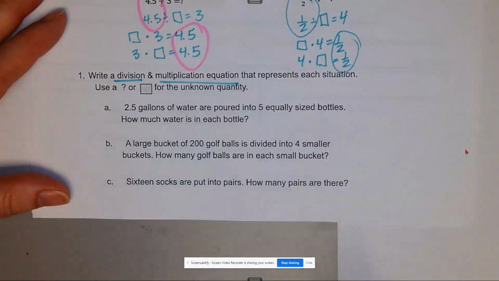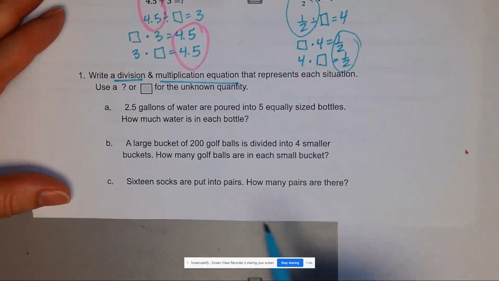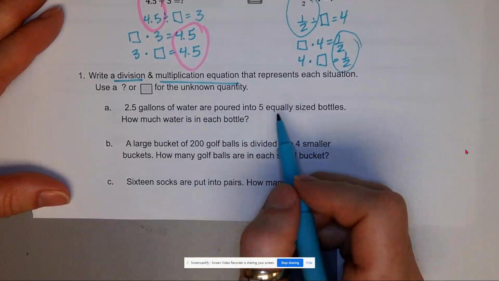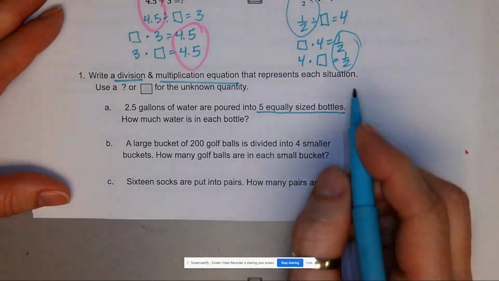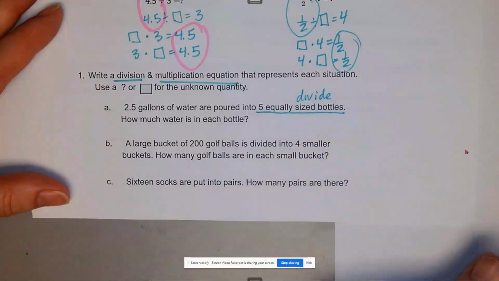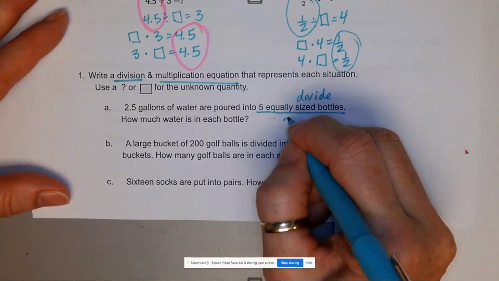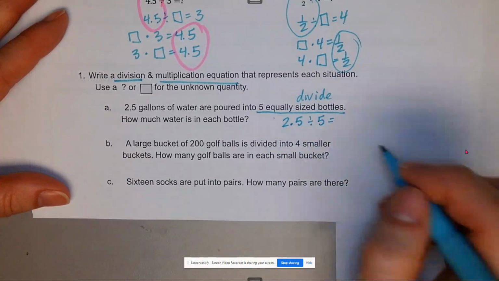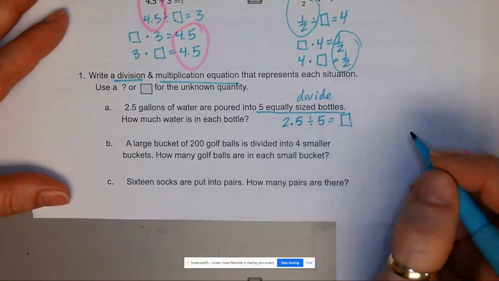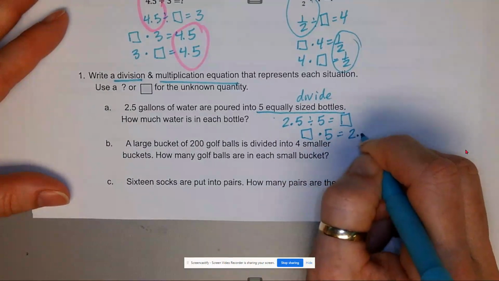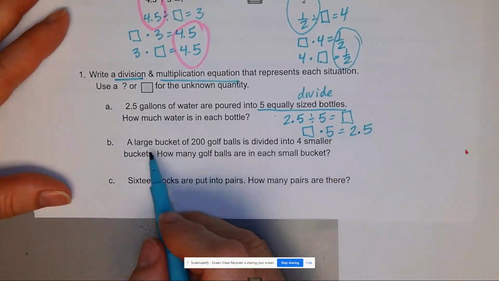Write the division and multiplication equation for each situation. 2.5 gallons of water are poured equally into 5 equally sized bottles. That's division. When we divide something into equal amounts. So 2.5 divided by 5 equals empty box. So empty box times 5 equals 2.5. You switch it around.